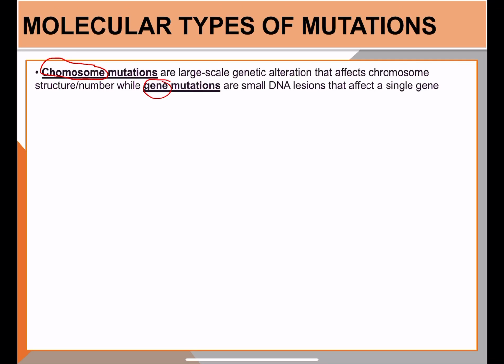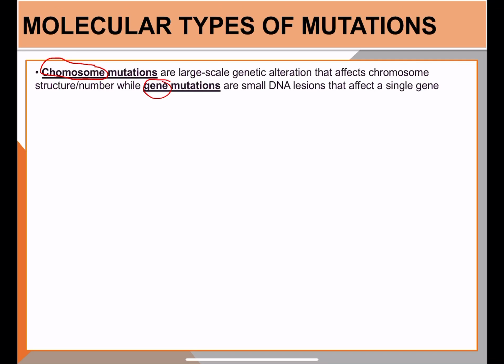Some we can see by eye through karyotyping, as you have done yourself in the karyotype lab, like translocations or deletions or duplications, or even having extra chromosomes or missing a chromosome. That's what we did when we were trying to find a good nomenclature for different types of chromosome mutation.